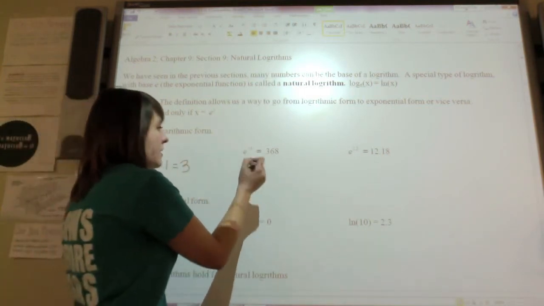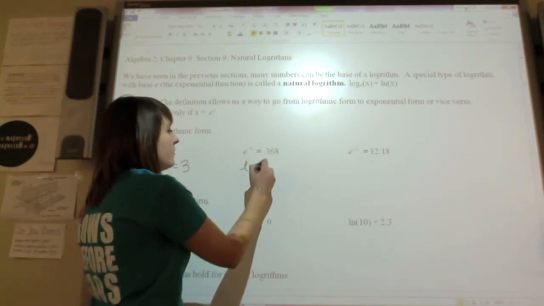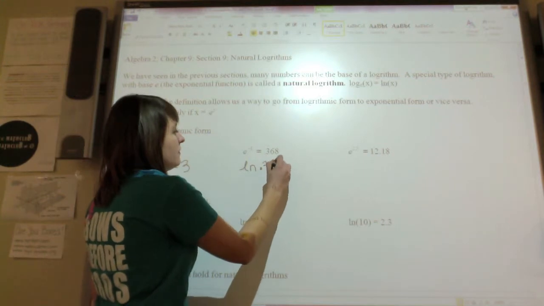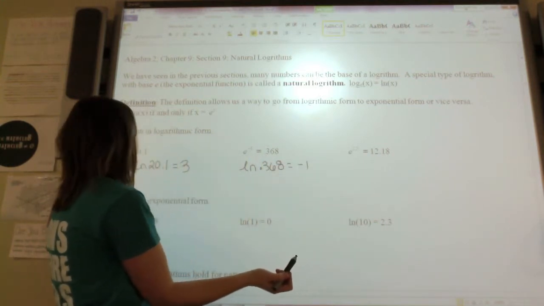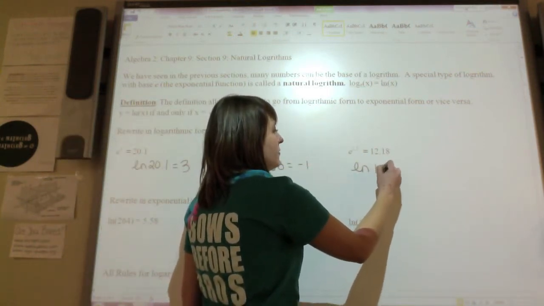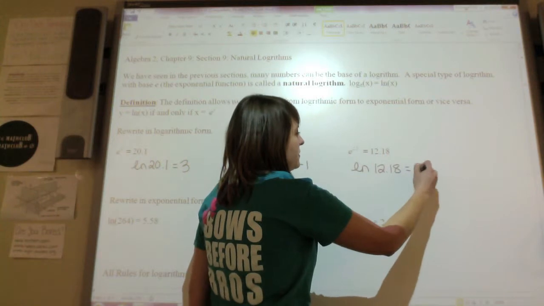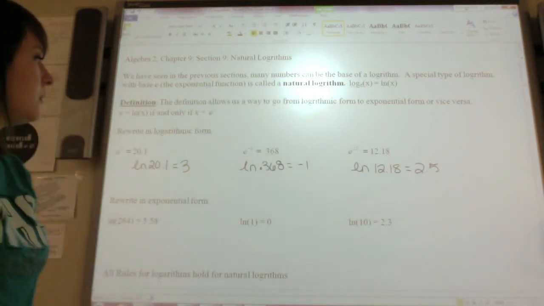Over here, I've got the natural log, again that's base e, of 0.368 equals -1. Over here, I've got the natural log of 12.18 equals 2.5.